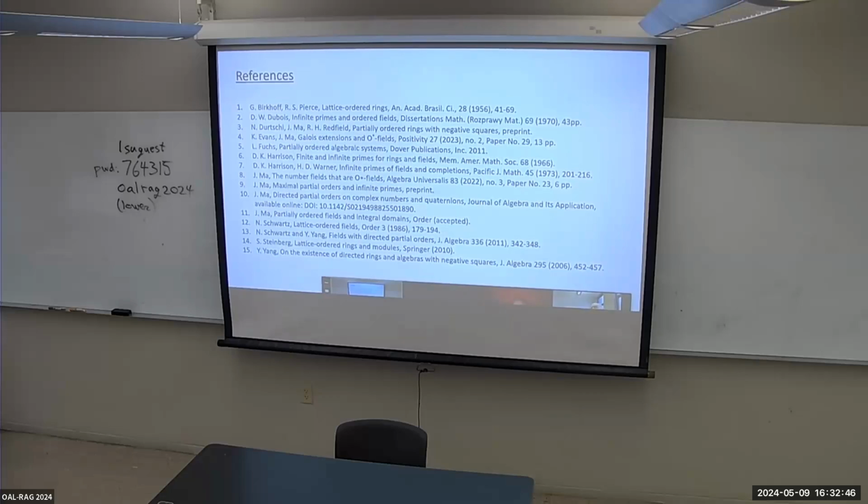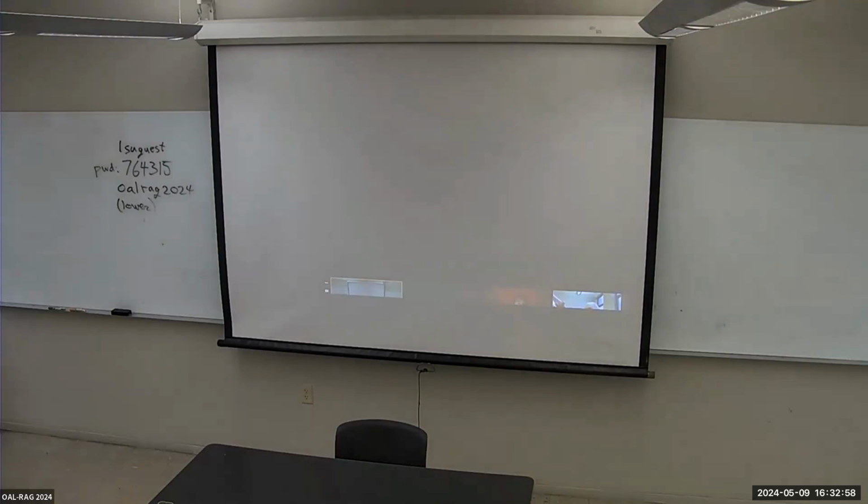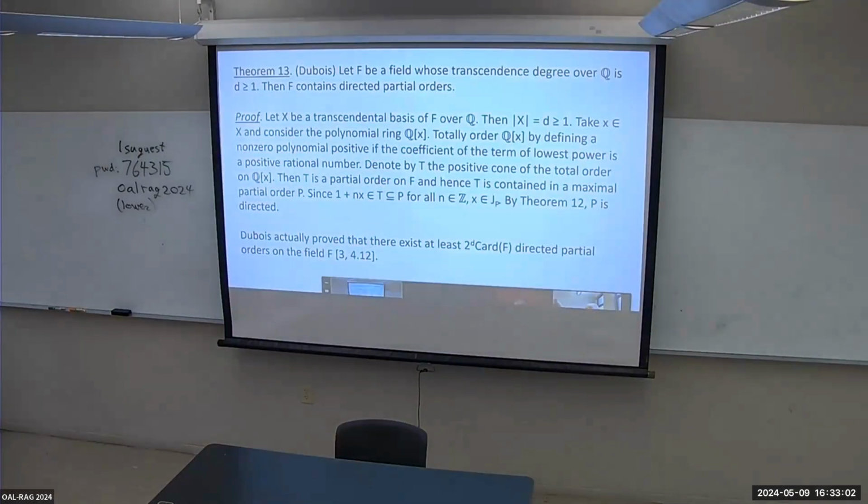Could you please go back three or four slides? You quoted a result of Dubois at the bottom. He proved there's at least 2 to the D times cardinal. Is F an infinite field? Up above, I thought it was infinite. So are you multiplying a finite number times an infinite cardinal?